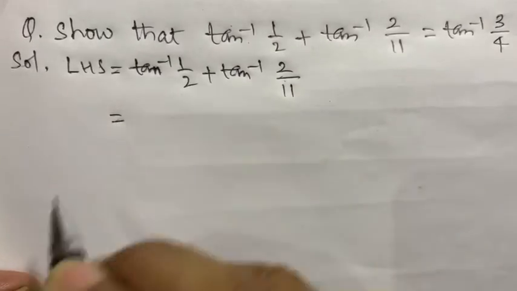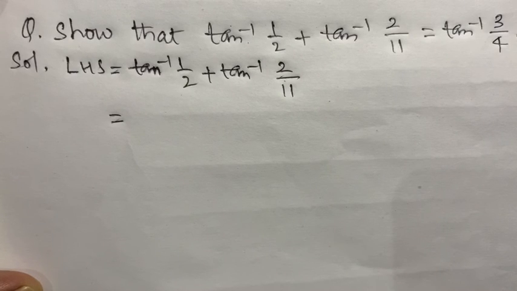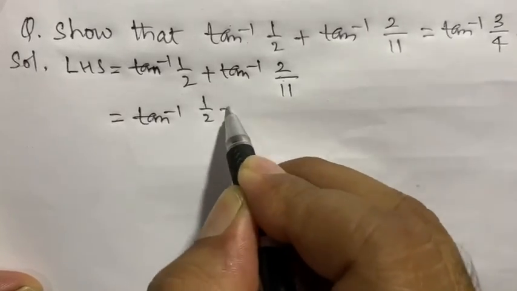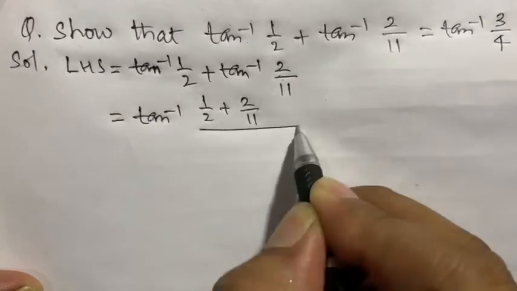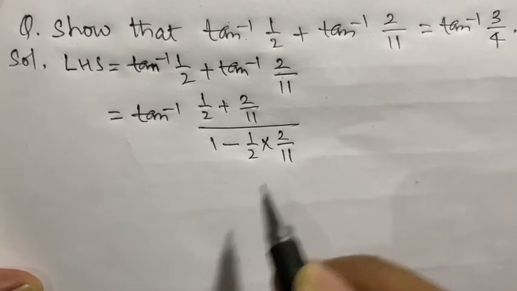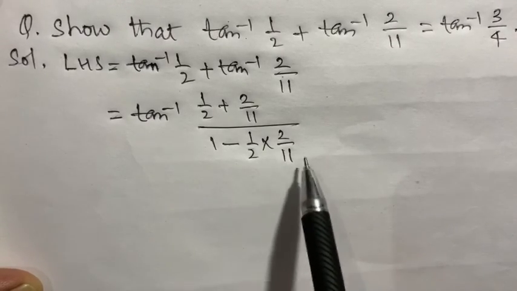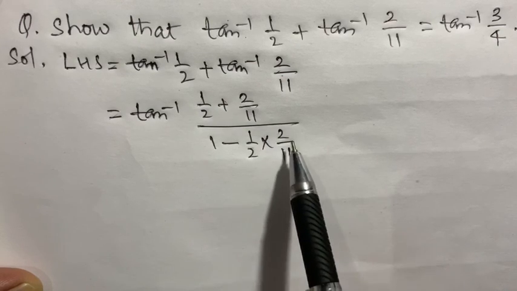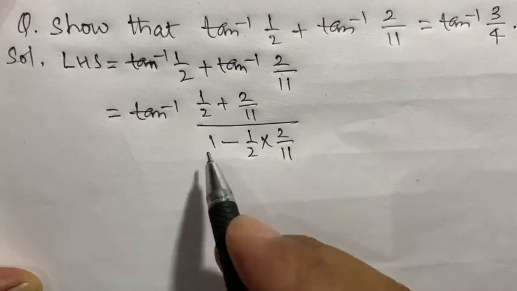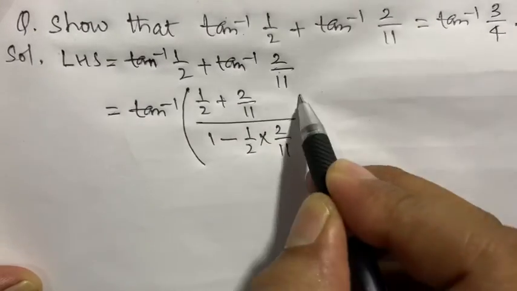Then we will apply the formula for tan inverse of x plus tan inverse of y, and it will be tan inverse of x plus y upon 1 minus x into y. We can see its product is 1 by 2 into 2 by 11, which is 1 by 11, which is less than 1. So we can apply this formula.